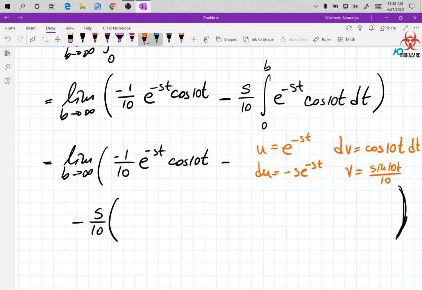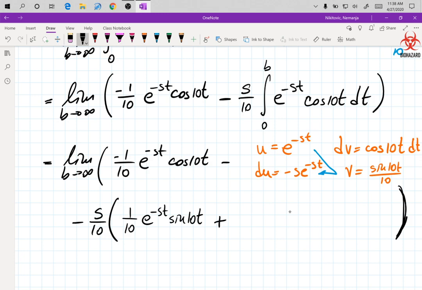And I will put the arrow again for our formula. So what goes in here? It goes 1 over 10 e to the negative st times sine 10t.